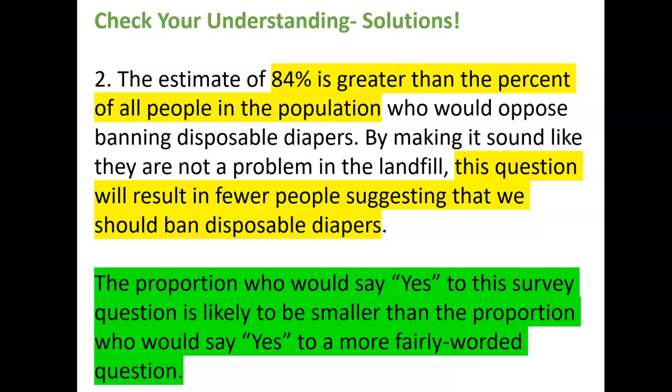And had they worded the question differently, we would get a more accurate representation of the population. It's possible that 84% is right, but the way they worded it, it definitely opened the door to bias. So the proportion who would say yes to the survey is probably going to be smaller than the proportion who would say yes to a more fairly worded question.